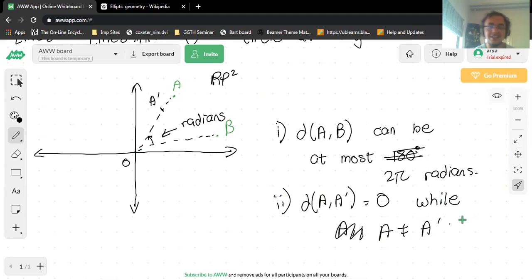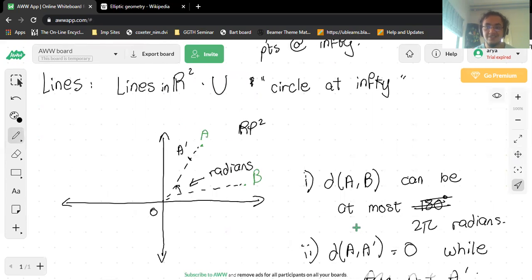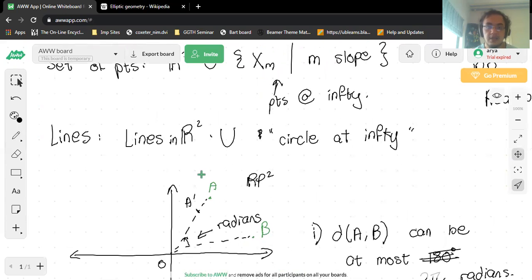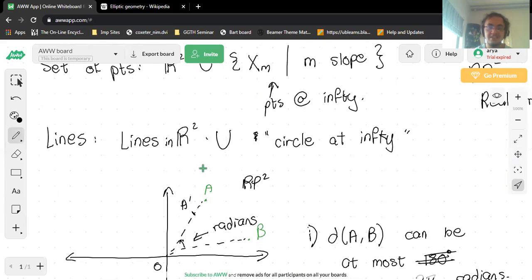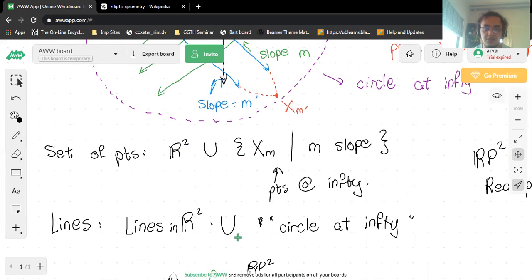So yes, this is definitely a non-standard notion of distance, but I'll get to why we define the distance in this way in a minute. But yes, there is a notion of defining distance. You'll soon see a nice notion of defining angles and so on. But yes, this is a model of geometry.